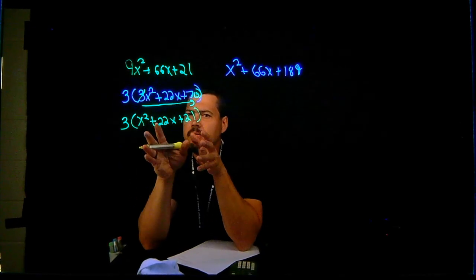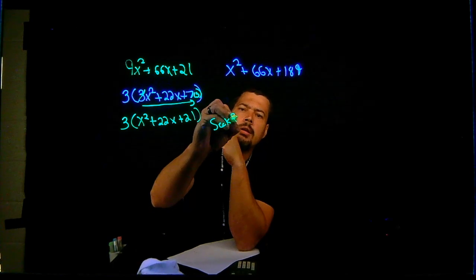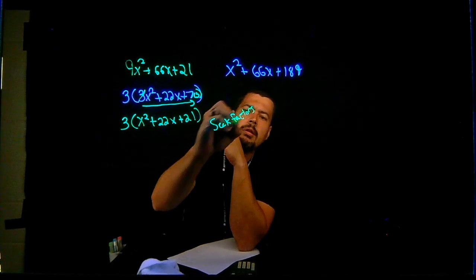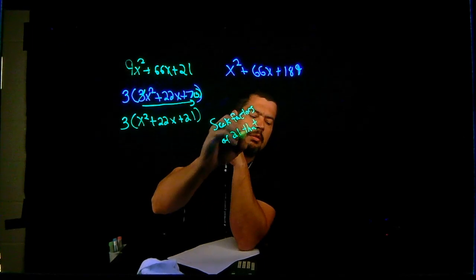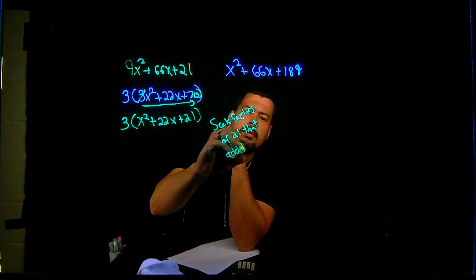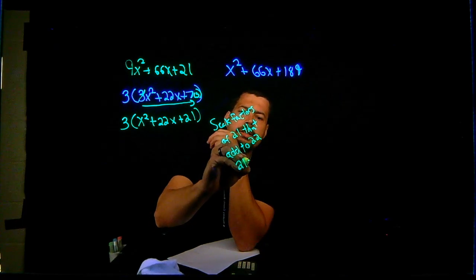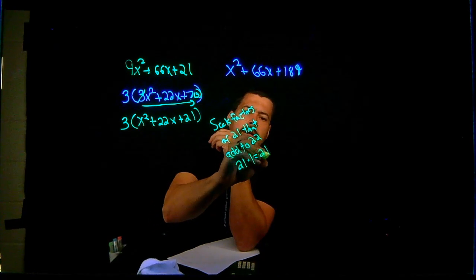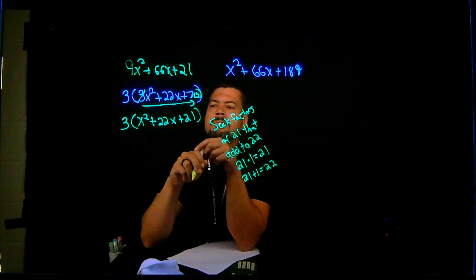And now we seek factors of 21 that add to 22. And that's going to be 21 times 1, which is 21, and then 21 plus 1, which is 22.